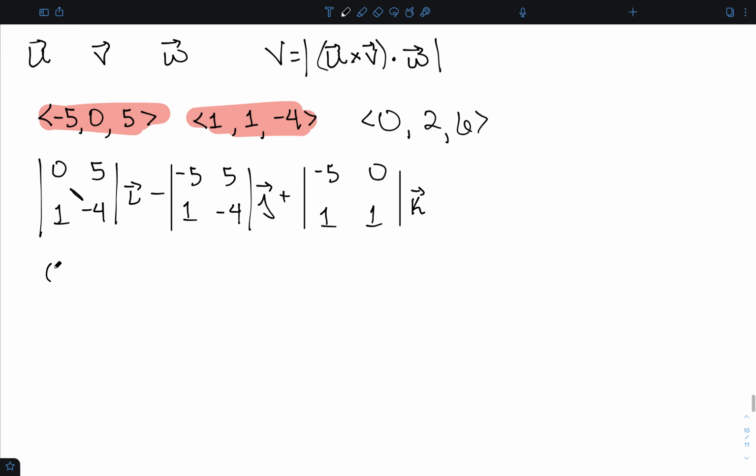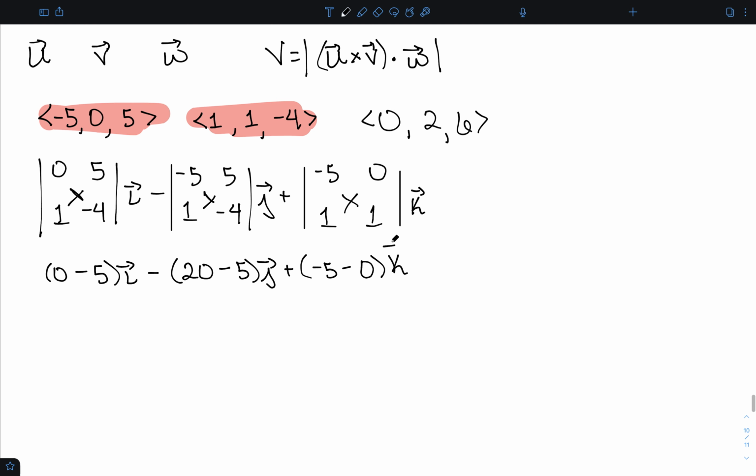This is 0 minus 5 i, minus -20 minus 5 j, plus -5 minus 0 k. If we simplify this, we get -5i minus 15j minus 5k.